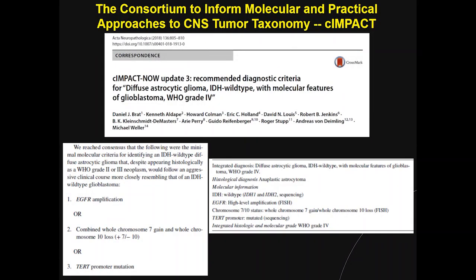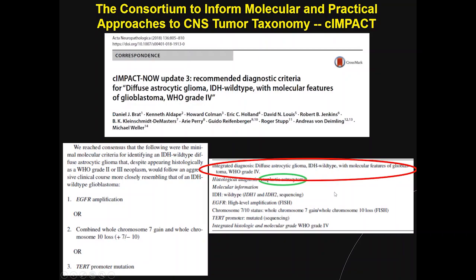And this led to WHO coming up with this cIMPACT-NOW Update 3, which categorized that, if you have a lower grade glioma, for example, an anaplastic astrocytoma, but if this is an IDH wild type tumor by genomic markers, it actually should be labeled as diffuse astrocytic glioma, IDH wild type with molecular features of glioblastoma, WHO grade 4.